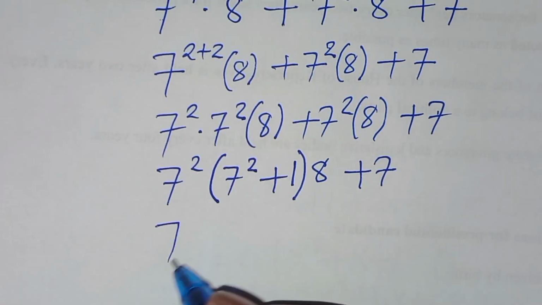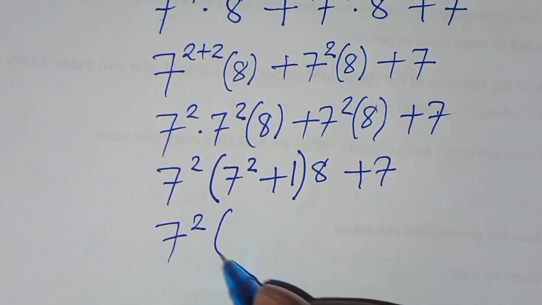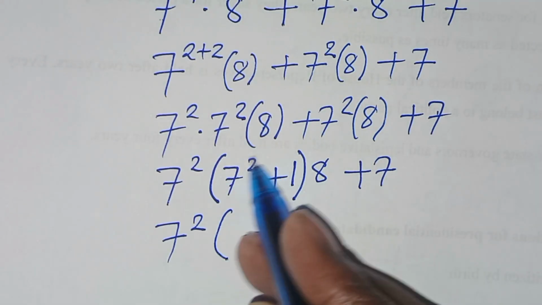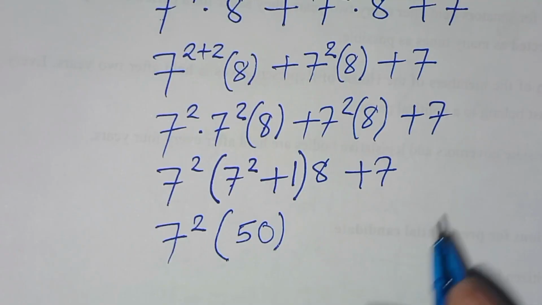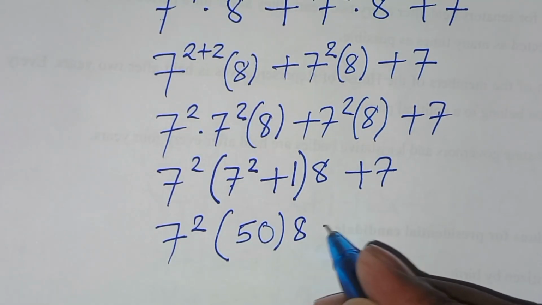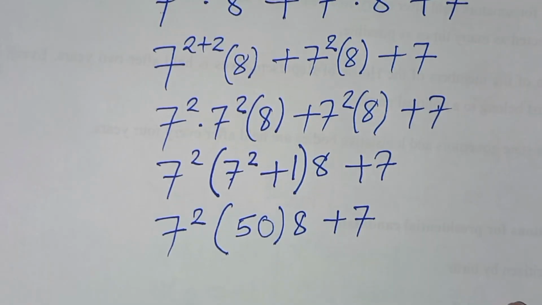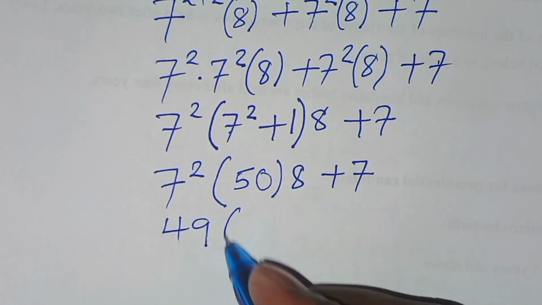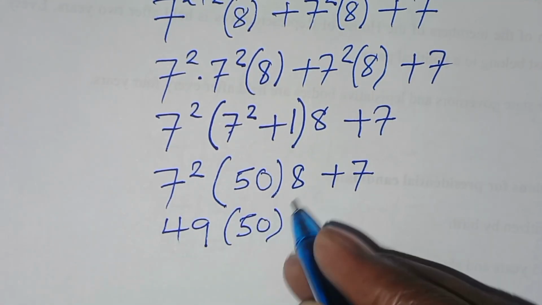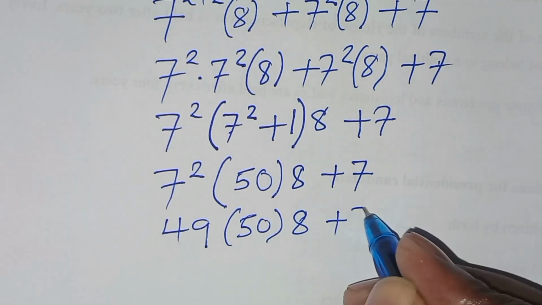So here we have 7 squared. Here we have 7 squared. This is 49 plus 1, which is equal to 50, multiplied by 8, then plus 7. 7 squared, this is 49, then multiplied by 50, multiplied by 8, then plus 7.